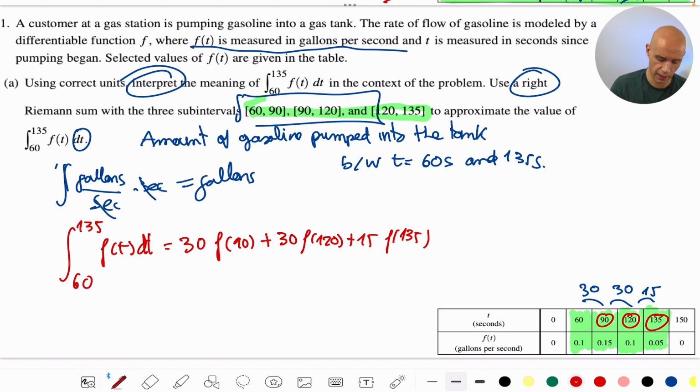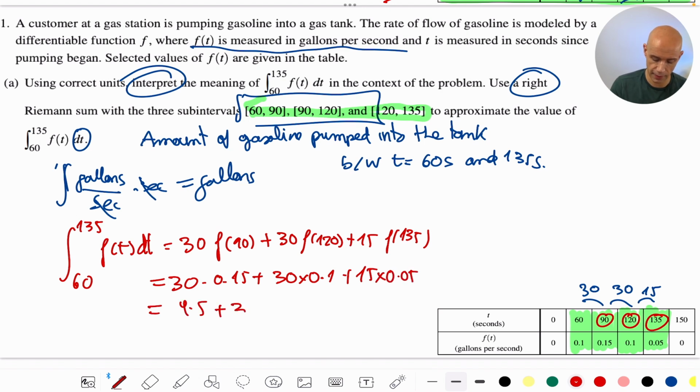You can use a calculator, but let me just do it for fun. So we have 0.15 plus 30 times 0.1 plus 15 times 0.05, and well, this is just 4.5, this is 3, and this is 0.75. So in other words, it's 8.25 gallons.